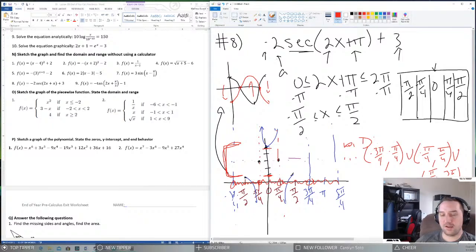And so then from 5 to infinity is the next value. Any questions on section N? Okay.